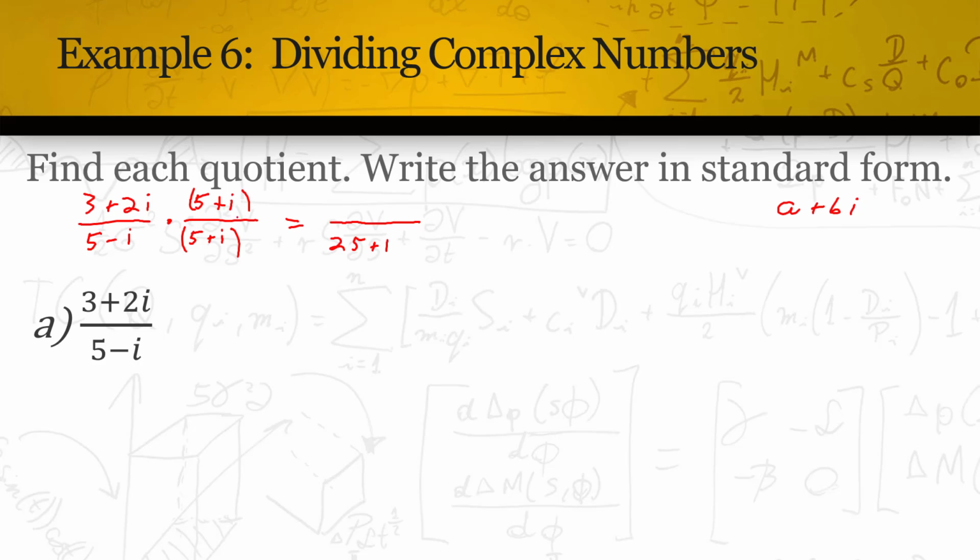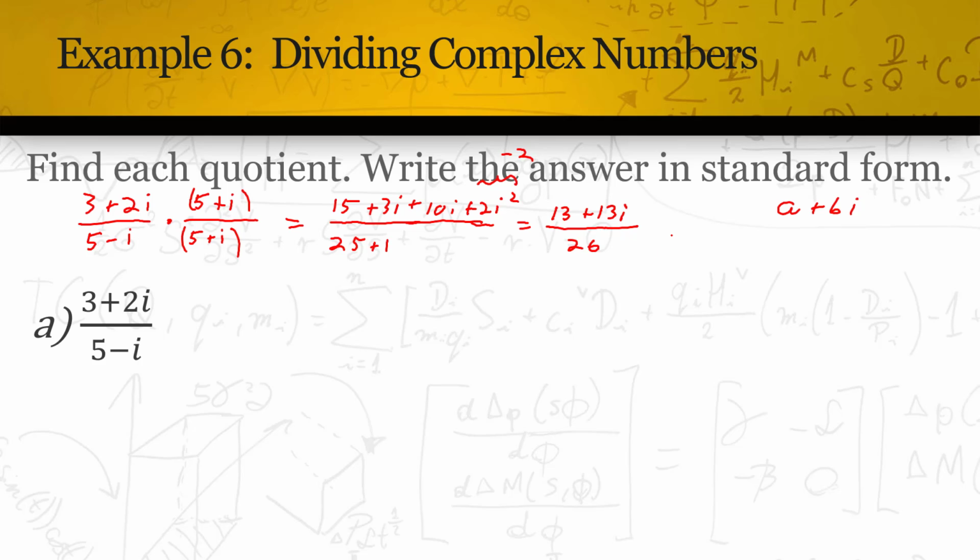Now for the numerator, we have to go ahead and FOIL, and we will have 15, 3 times 5, plus 3i, plus 10i, 2i times 5, plus 2i squared. Okay, this will reduce to, in the denominator, we have 26. This right here is basically -2 because i squared is -1. So we have 15 minus 2, which is 13. Then we have 3i plus 10i, which is 13i.